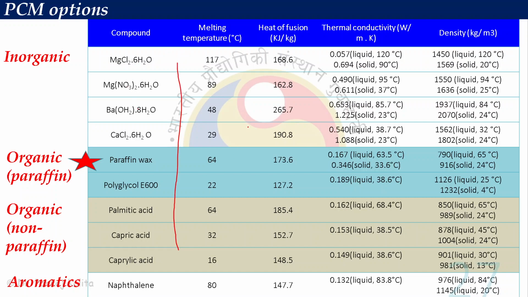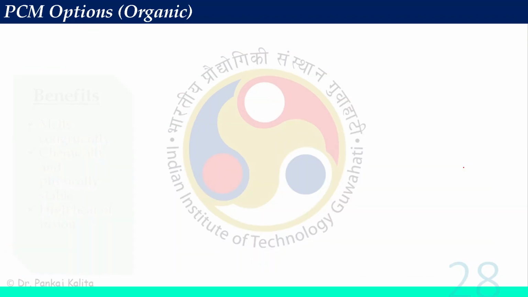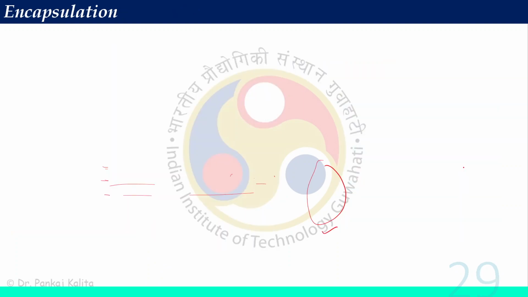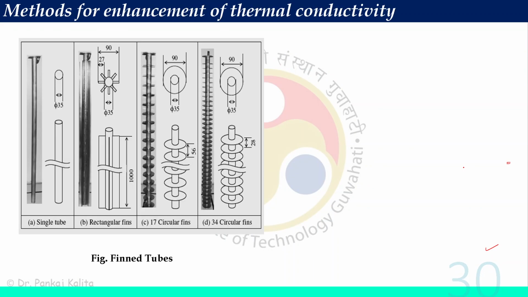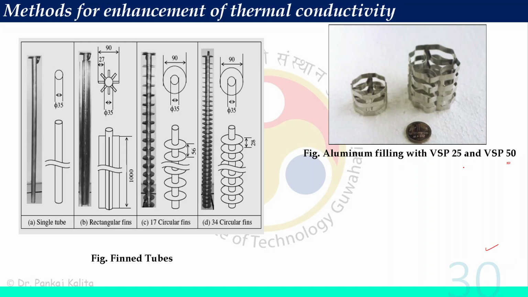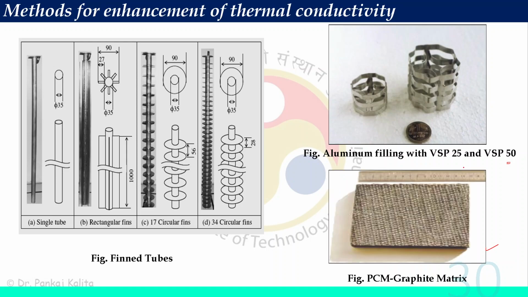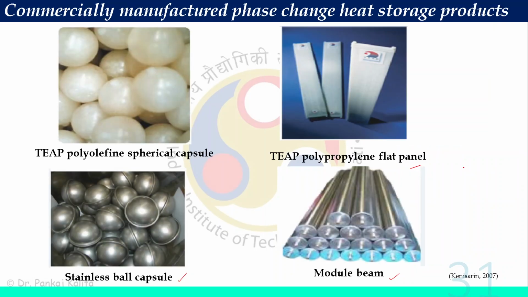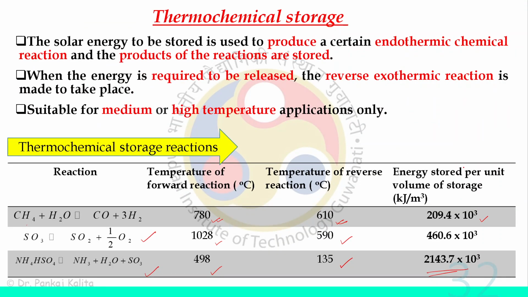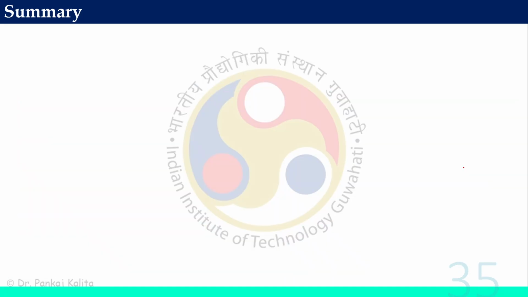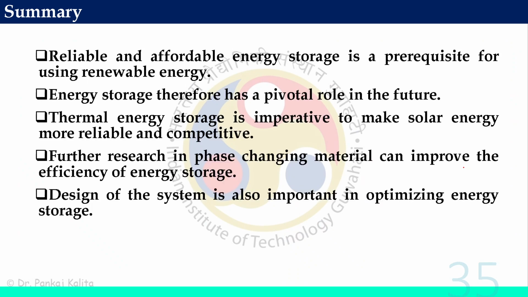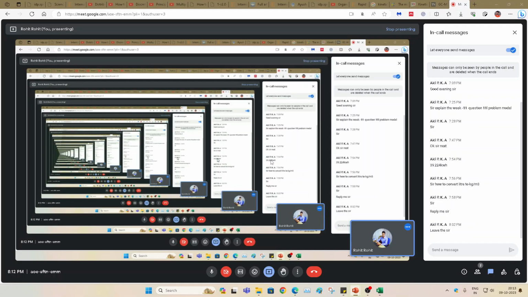There can be a question in the exam like arranging them in terms of heat of fusion, so please have a look at them. These can be asked in the exams.